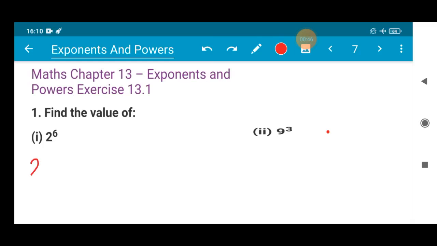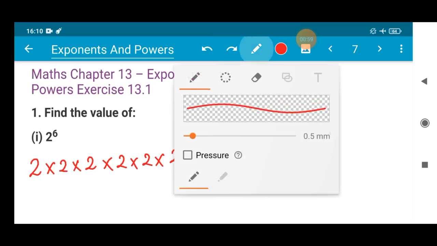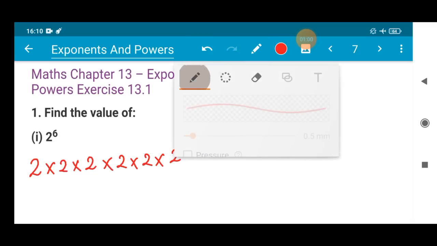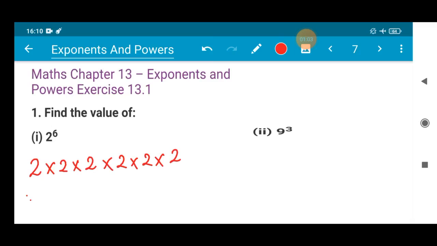So 2 to the power 6 I can write like this: 2 into 2 into 2 into 2 into 2 into 2, 1, 2, 3, 4, 5, 6. That means this number is multiplied with itself 6 times, right? So this is nothing but the exponential value. So 2 twos are 4, 4 twos are 8, 8 twos are 16, 16 twos are 32, 32 twos are 64.